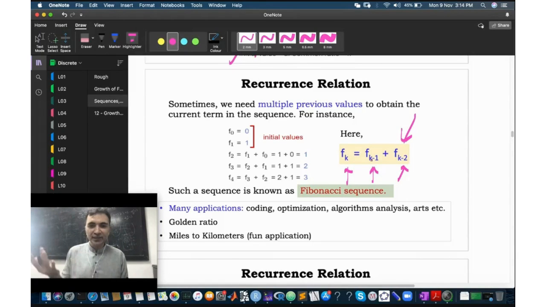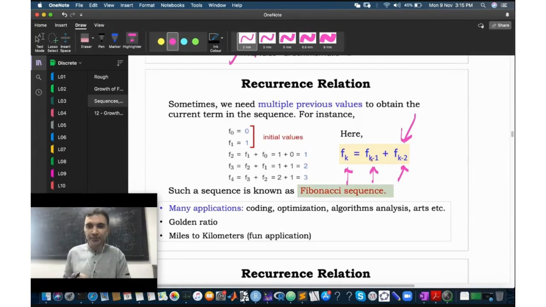This thing has many applications in coding. You must have used recursion to, I don't know, implement stacks or queues or linked lists or something. You might actually have computed Fibonacci or, I don't know, factorials maybe. Optimization, algorithm analysis में इसका बहुत ज़्यादा use है.